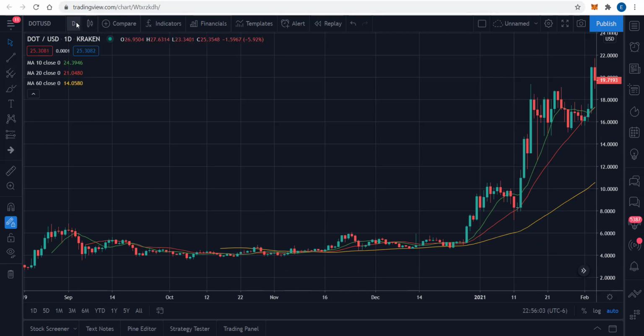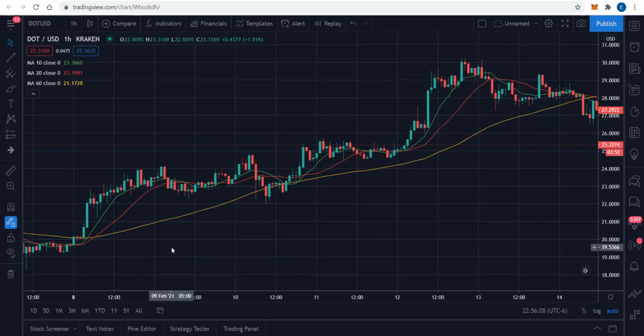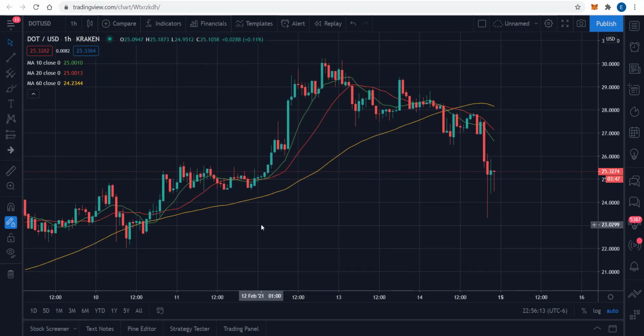Now let's go ahead and, just for the fun of it, switch this to a 1 hour and see what we're dealing with. So on a 1 hour time frame, wow, look how much that changed. So we've had since, what would that be, Friday maybe. We had a crossover that happened yesterday morning, 5 a.m. And it has really pushed price lower.